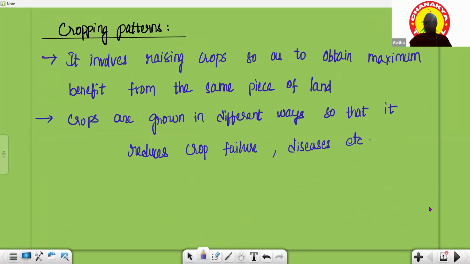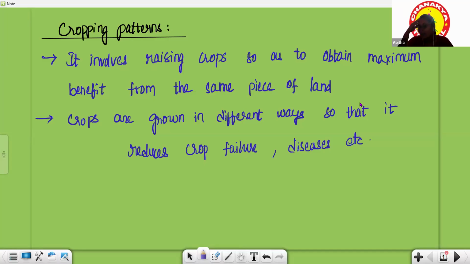So in today's class, we discussed cropping patterns. We sow the seeds and grow the crops, and while growing them we follow definite patterns. So what are cropping patterns? It involves raising crops so as to obtain maximum benefit from the same piece of land.